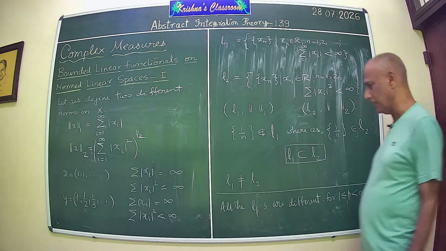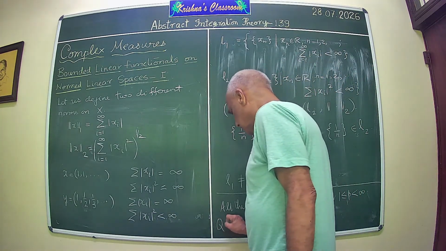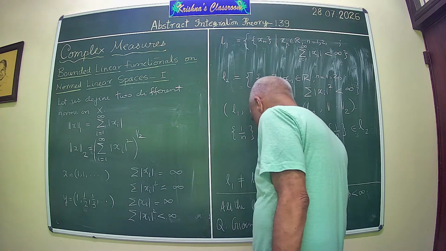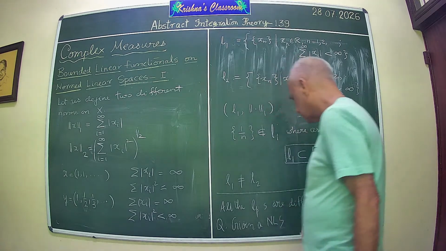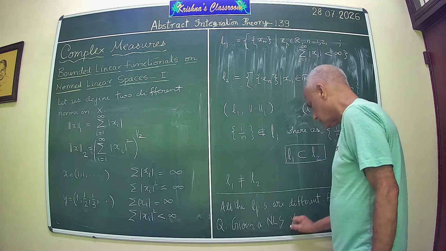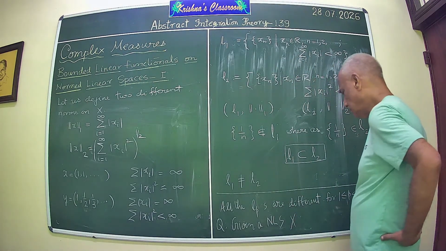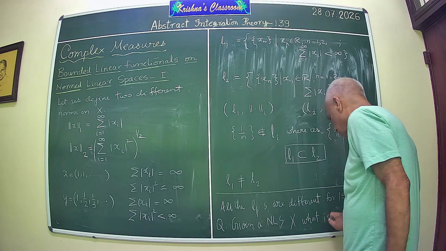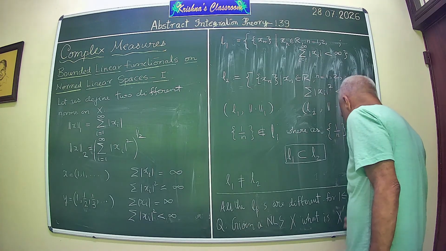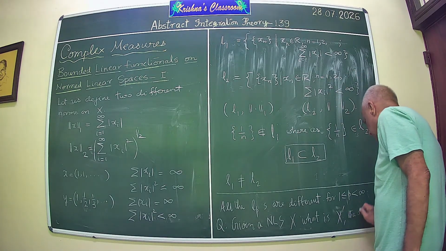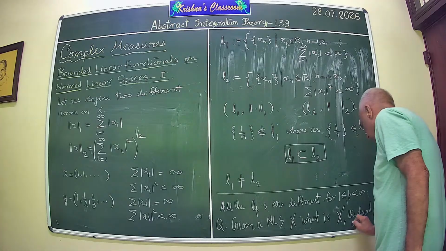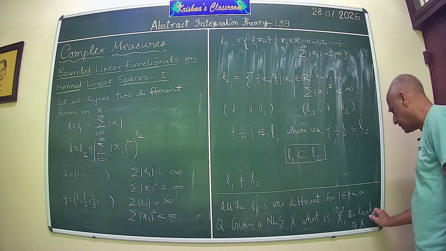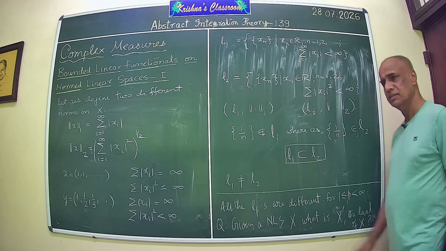So the question that we have is this. Given a normed linear space X, X prime, the dual of X. This is the question that we take up in our lectures.